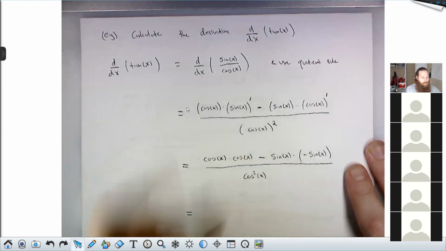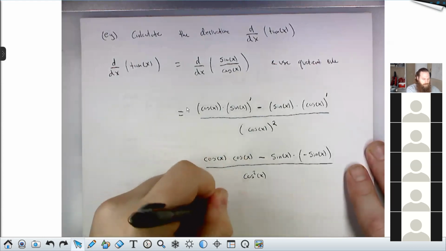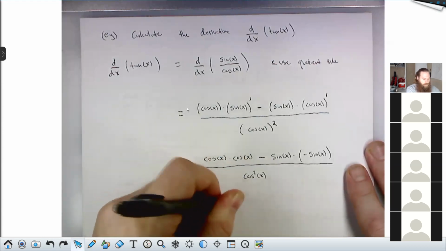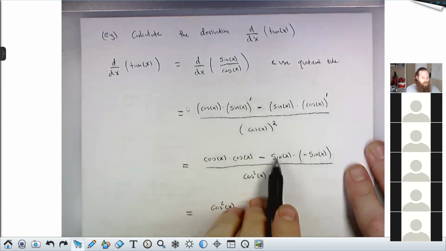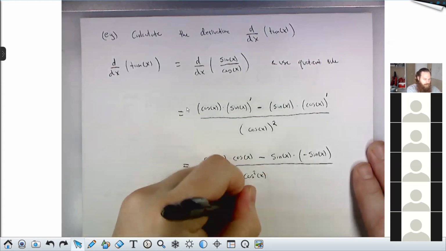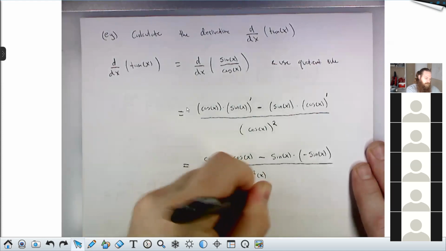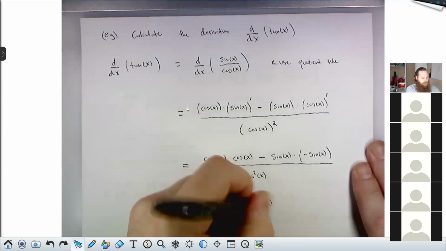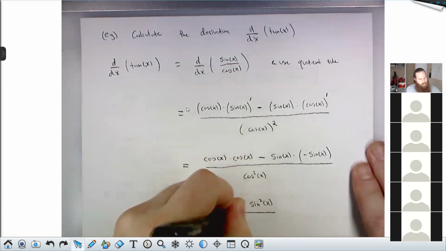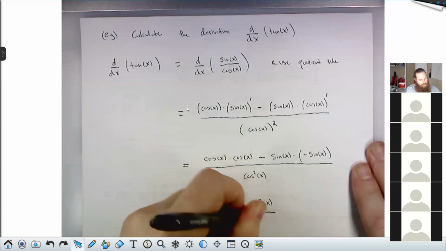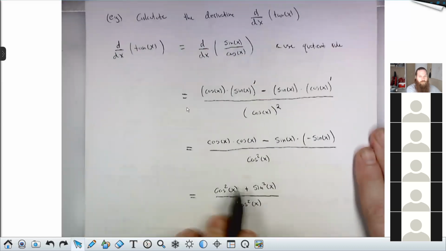But upstairs here, cos x times cos x, that's cos squared x, minus sine times negative sine, that's plus sine squared x. So this is cos squared x plus sine squared x over cos squared x. Still can't cancel these because I can't factor cosine out from the top. You can only cancel if your immediate step before was factoring.